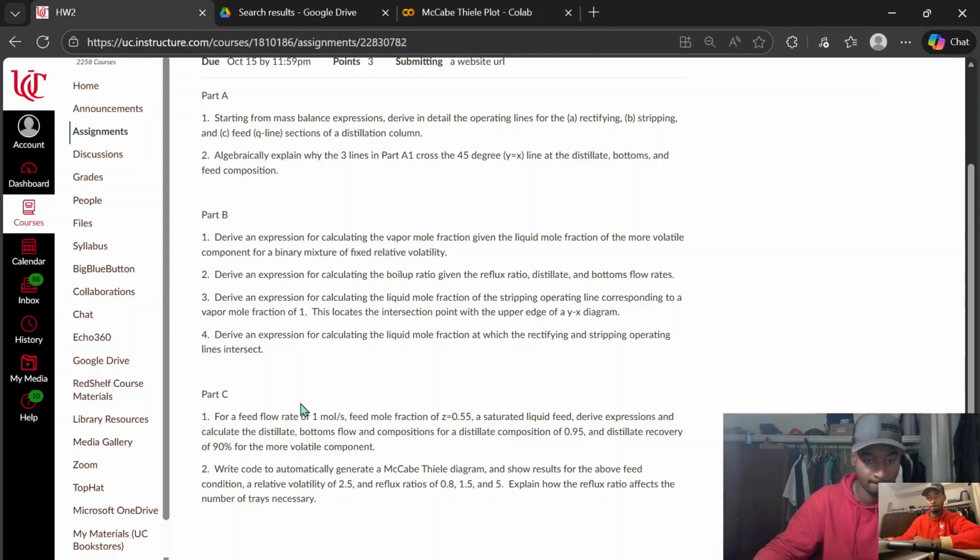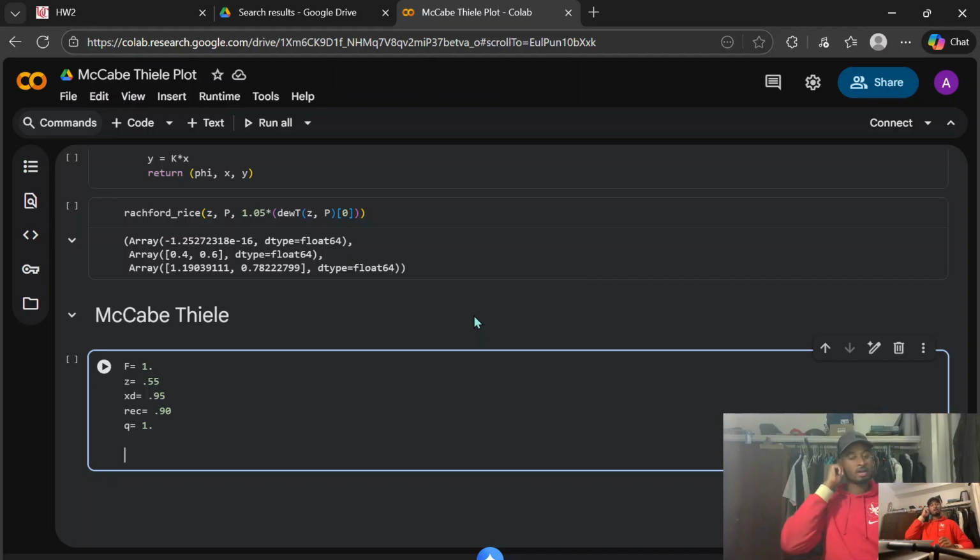So now you need to be able to solve for the distillate flow rate. Here we can utilize a typical mass balance on this distillation column. So we know that 1 mole per second of feed is going into that column with a feed composition of 0.55.